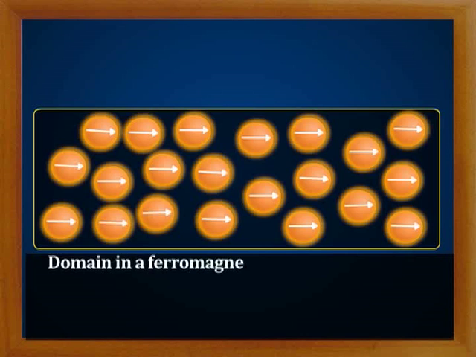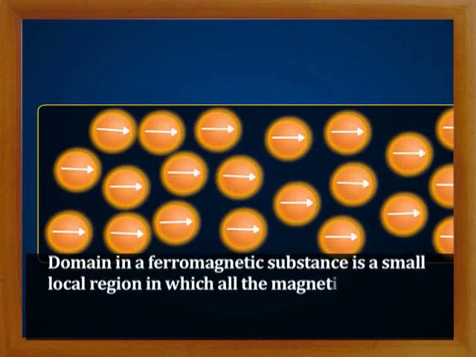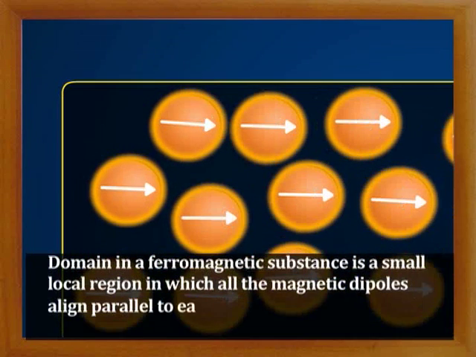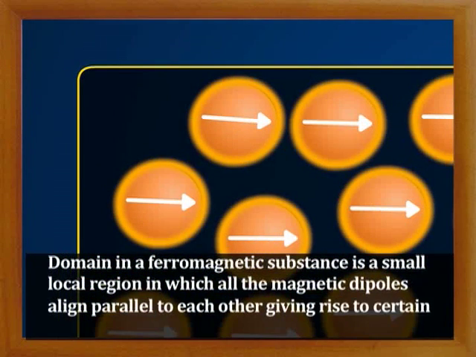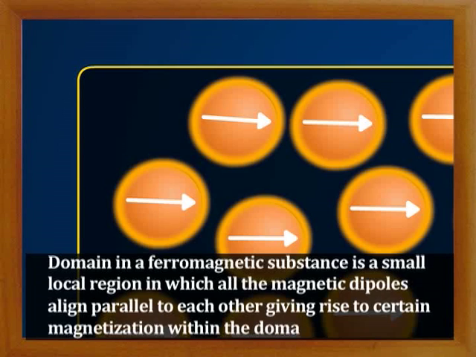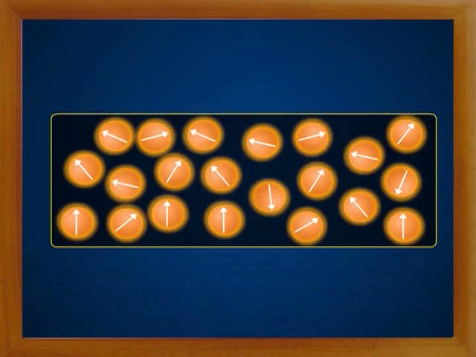A domain in a ferromagnetic substance is a small local region in which all the magnetic dipoles align parallel to each other, giving rise to certain magnetization within the domain. In a ferromagnetic substance, a large number of domains occur. The direction of magnetization within a domain is different from that in the adjacent domain.